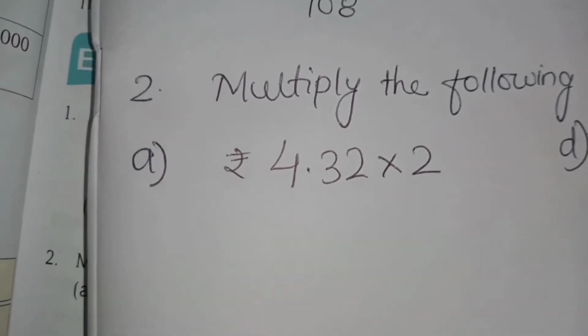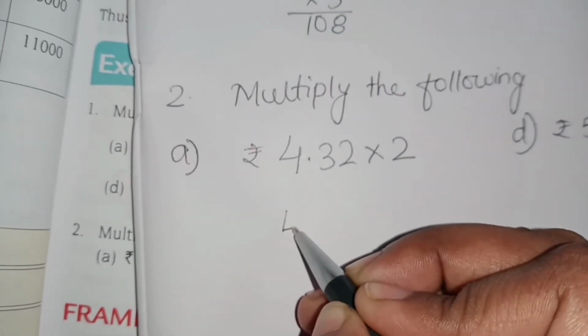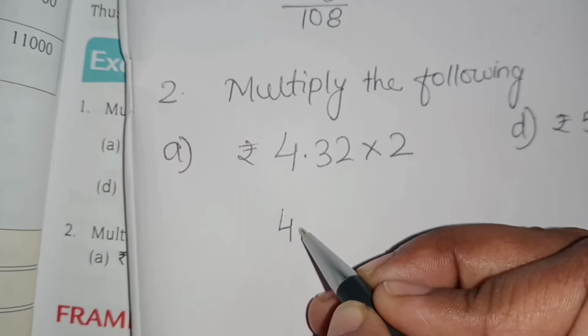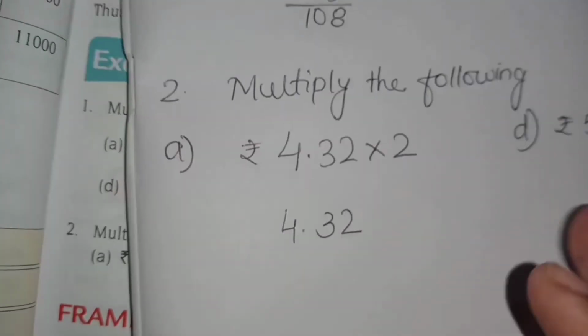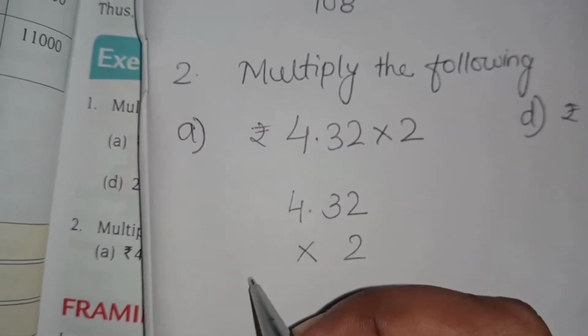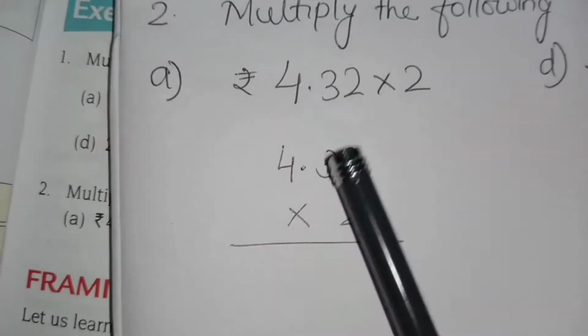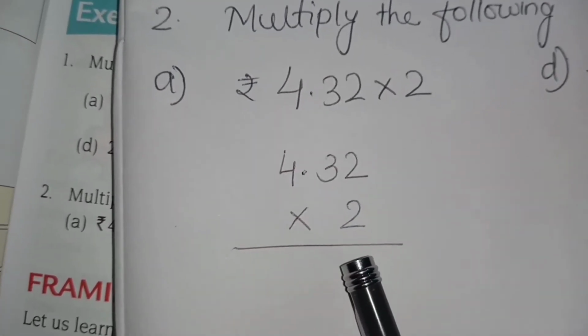So what you have to do? You have to write here rupees 4 point 32 paise. Now we have to multiply by 2, so I'll write here 2. Now let's multiply 4 rupees and 32 paise into 2.